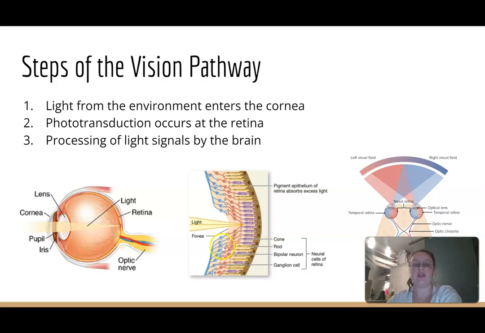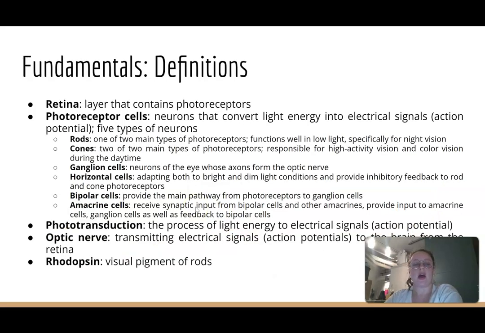This action potential is created, goes along here, along our ganglion cells to our optic nerve. And our optic nerve is comprised of all of these ganglion cells. Next is rhodopsin, and that is the visual pigment of our rods, which we will go into further later on.